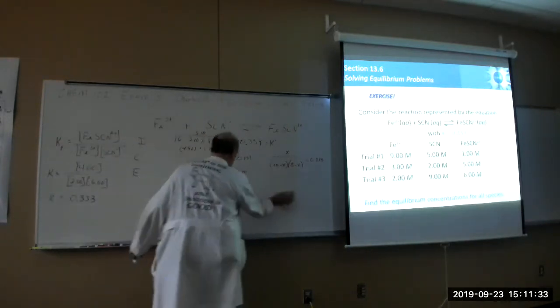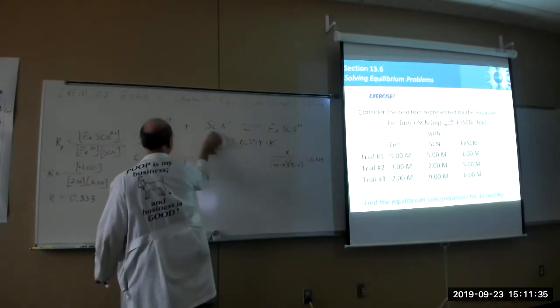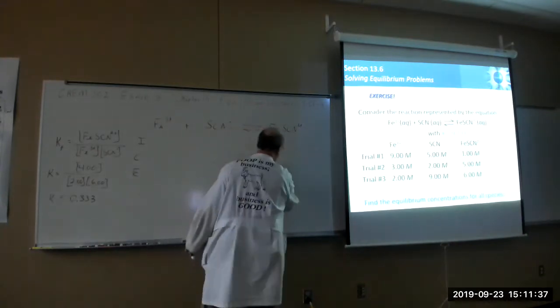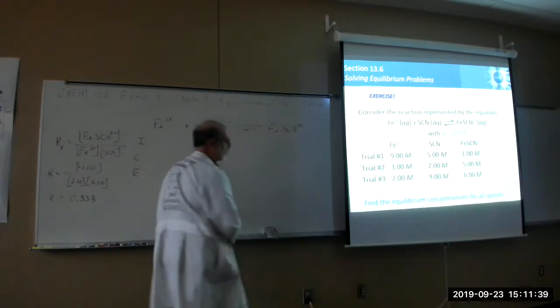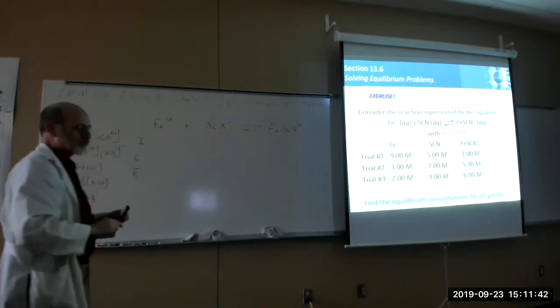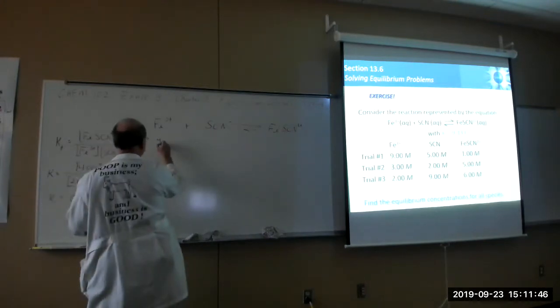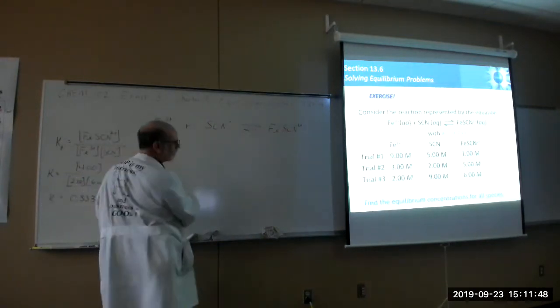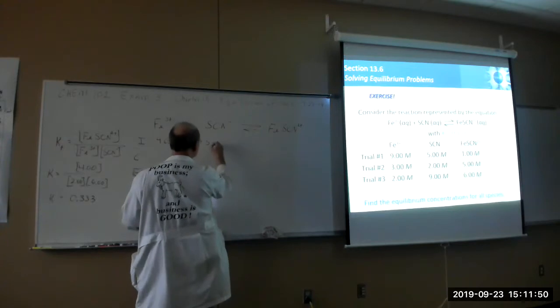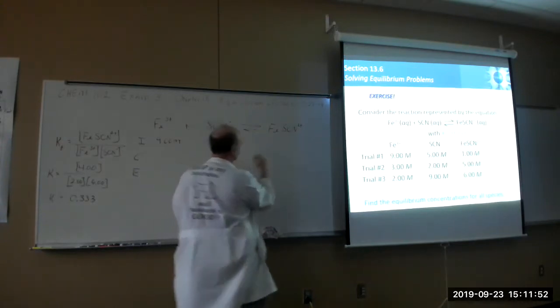Because this is going to involve the calculation of Q. Because we are given concentrations for each one, that means we're not sure which direction it's going. So we'll just do the first one. And 5, these are initial concentrations, and 1.